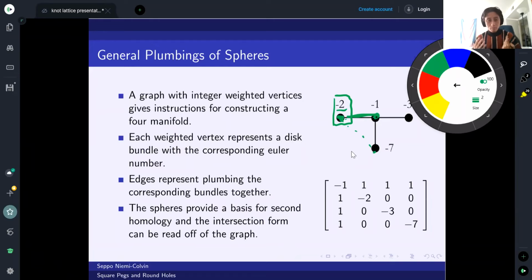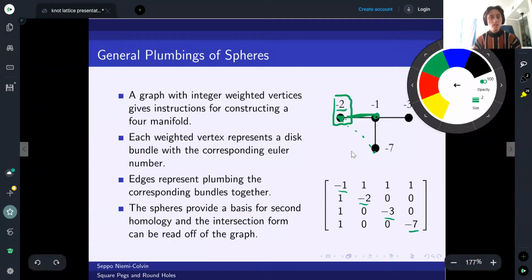And they really capture the key features. And also the intersection form can be read off of the graph in that on the diagonal, that's self-intersection. So that's what the integer weights that we put on there. And off diagonal, we'll have ones if there's an edge between them, because we force them to intersect, and 0 otherwise because they would have no reason to intersect.